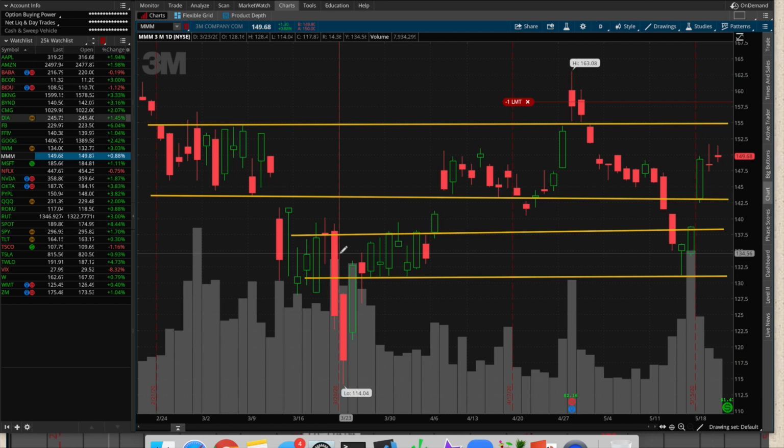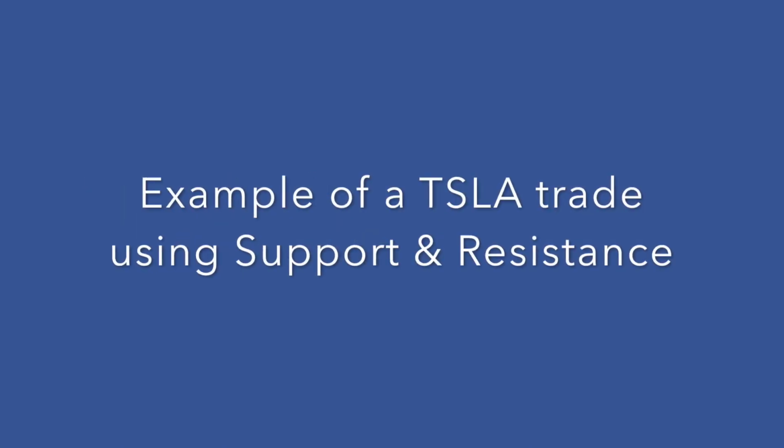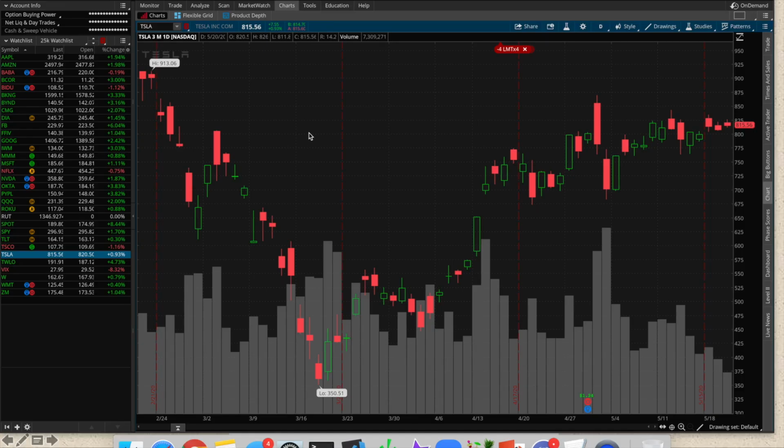So you have to use some level of judgment, and the judgment comes with using support and resistance levels. Let's talk about support and resistance in context to a recent trade we placed in Tesla. That way you can relate to what I'm talking about.